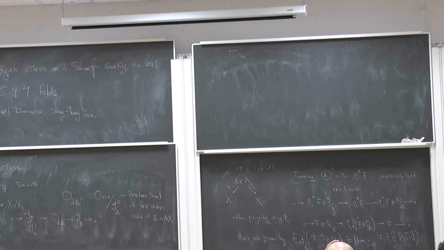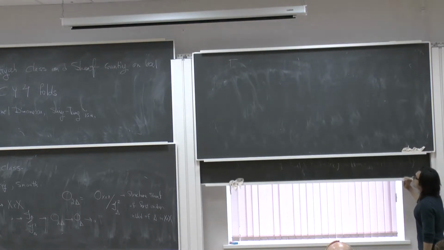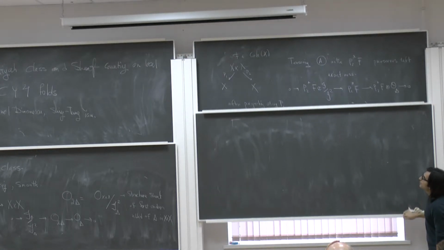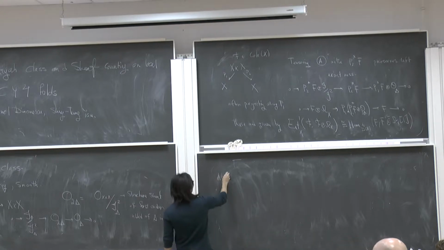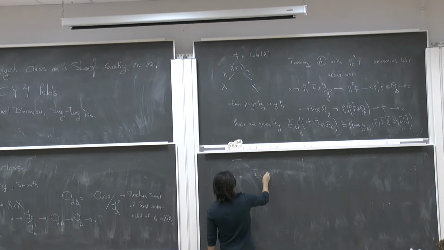So these two things are actually the same. And the Atiyah class is in fact an element of this group. So the Atiyah class of F is an element in this group.